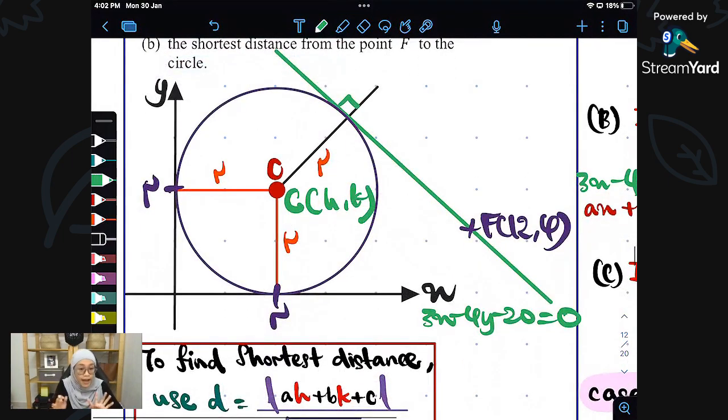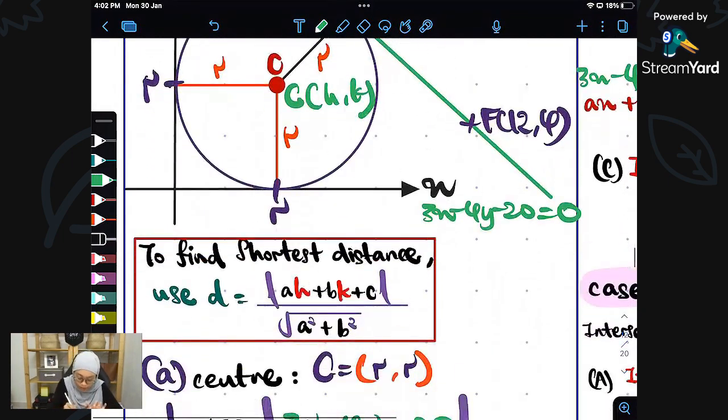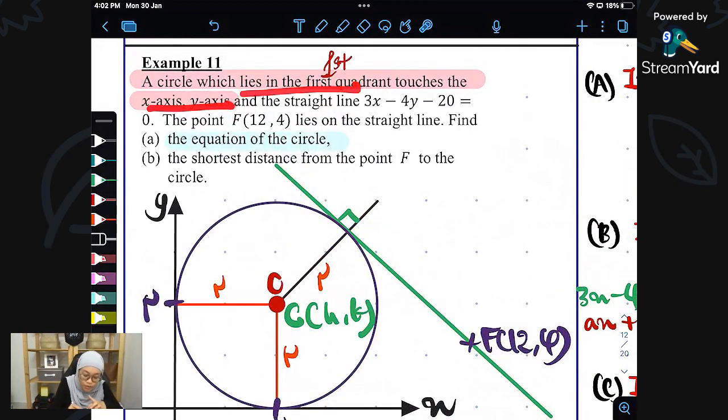Okay, that's a fact. So I put here center is equals to r, which I do not know yet what is my r value. But from this first information, I know that they have radius, and I know that indirectly this center has a value of r.